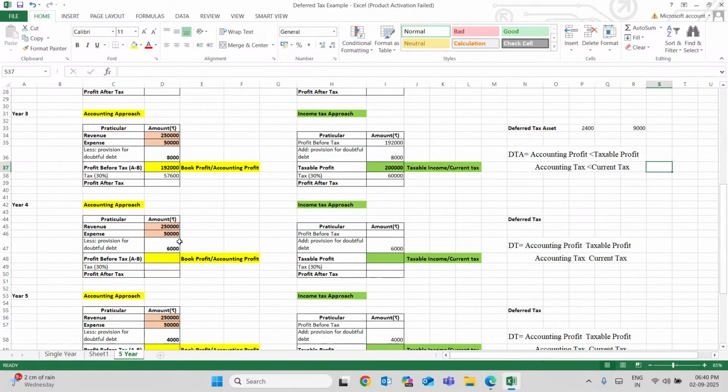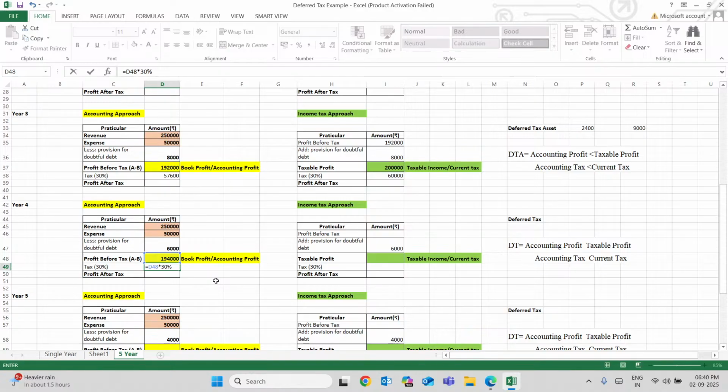Now we are going to come to year 4, where we have the provision of 6,000. Then we will calculate it. Then the tax, we have 58,200. Then we will put 1,94,000 right here, under which we are going to add back the provision.